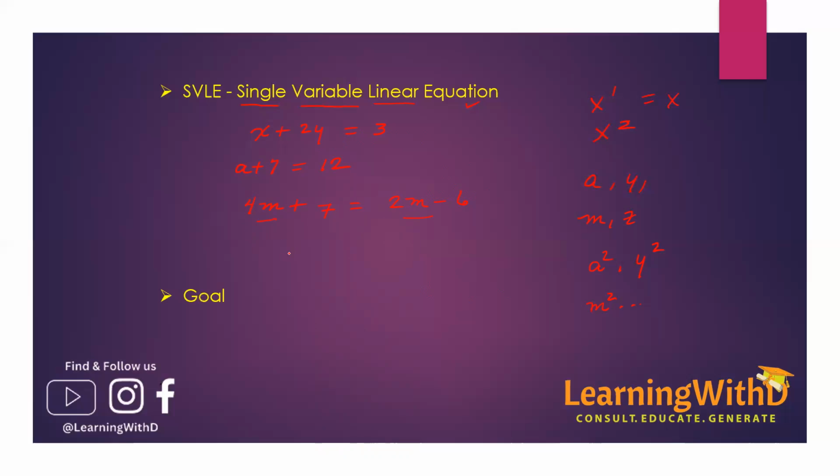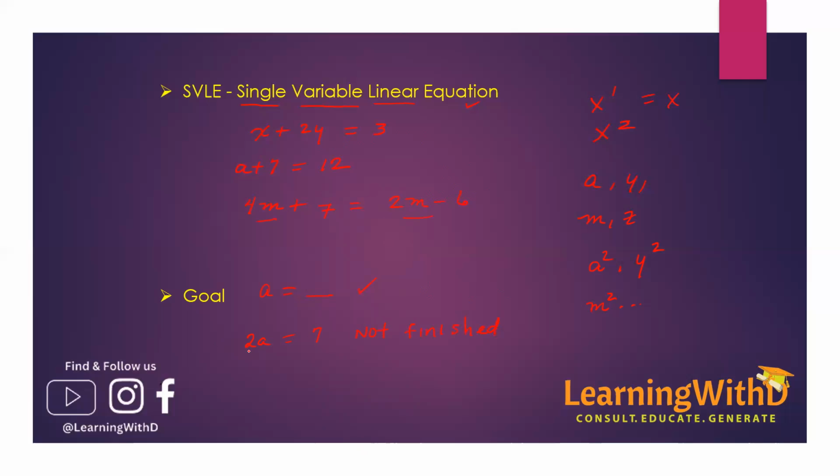So what's our goal in these? Our goal is to somehow end up with something that looks like this: a is equal to something. Now we have finished. Which means if you're at a point where you have 2a is equal to 7, no, we're not finished. Our goal is to get the variable that we're trying to find on a side by itself.